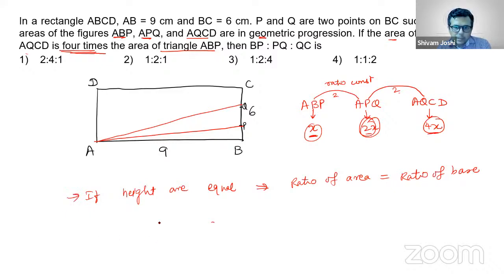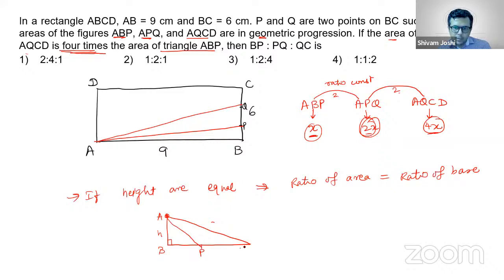Now over here, look at this ABP and APQ. If I'm showing you the triangles in this manner, this is your ABP, right? So for triangle ABP, what is my height? Height is always something which is perpendicular from the opposite vertex, right? So height is AB. This is for ABP.